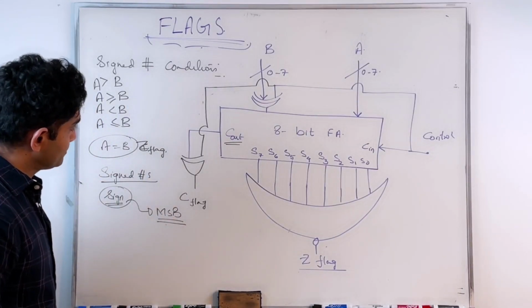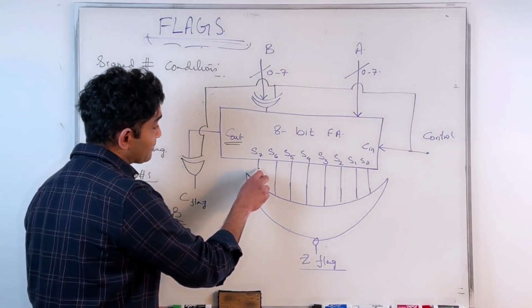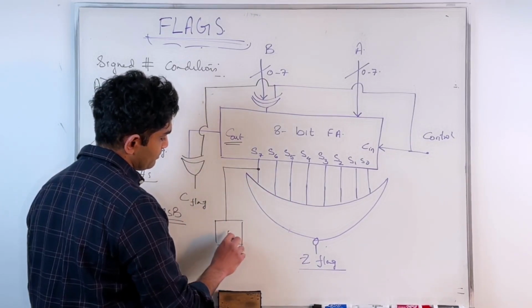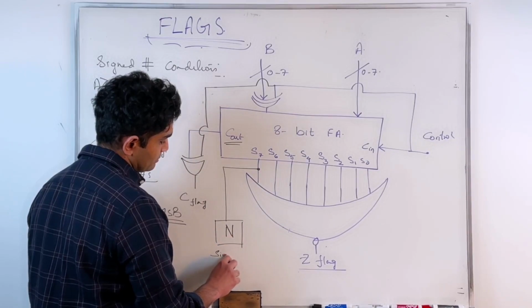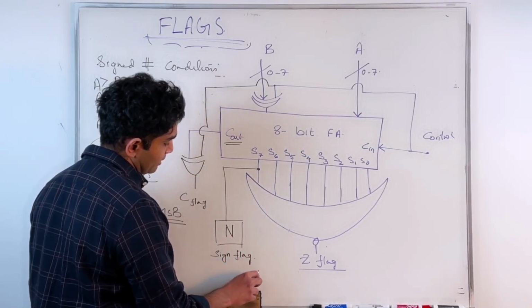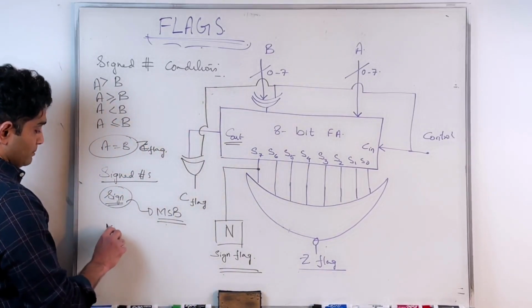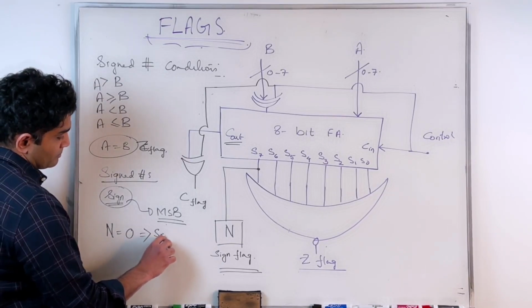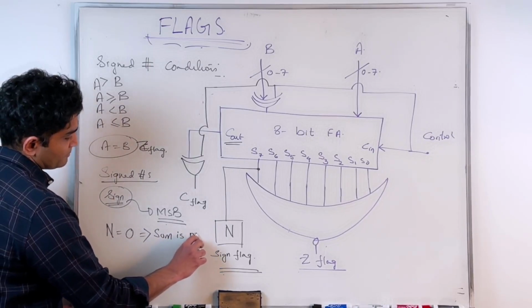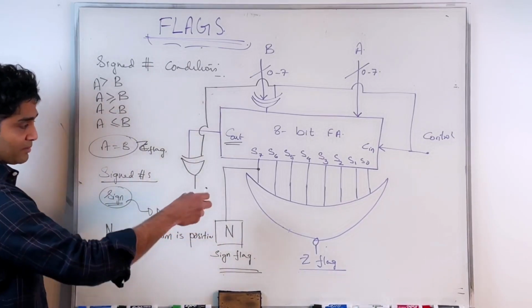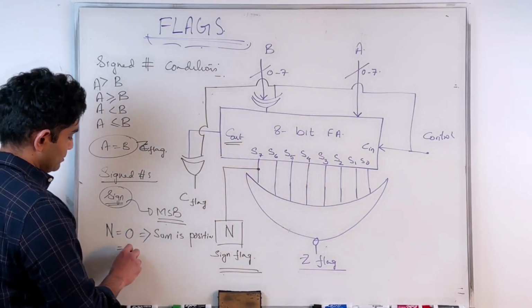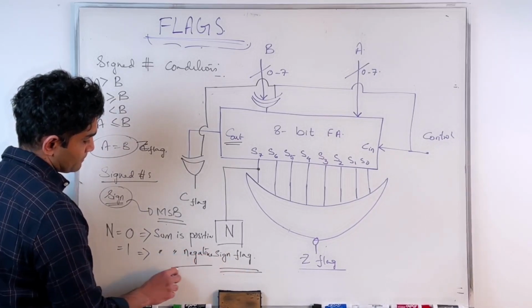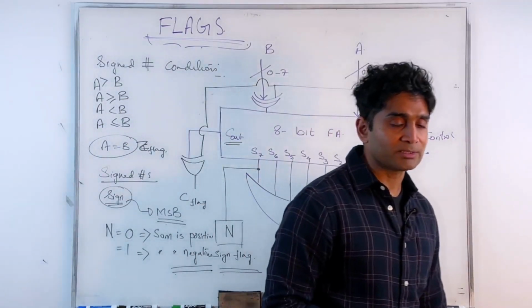So I can create another flag, which I'll call the sign flag, designated as N. My N is 0 implies that my sum is positive, because the most significant bit position indicates the sign. 1 implies the sum is negative. So yes, very good. The N flag would be important.